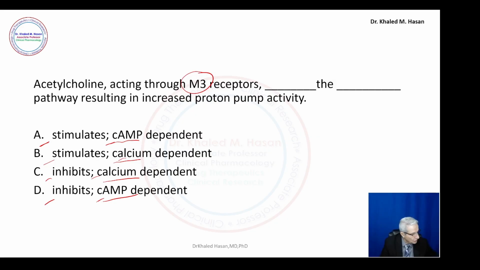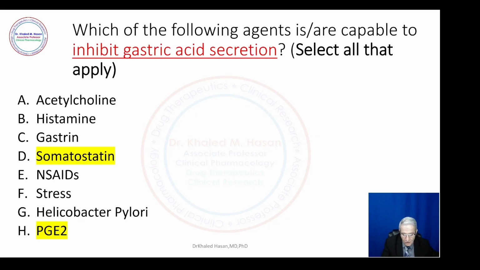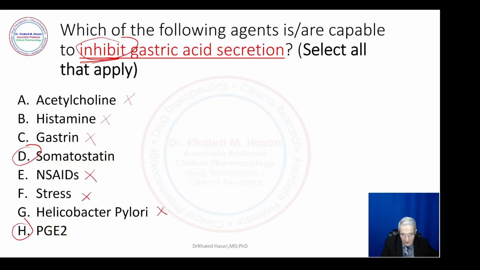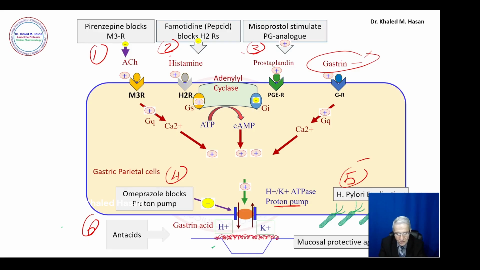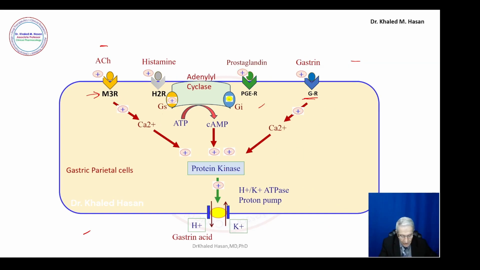This takes you back to the previous slide, only to show you what we have. Acetylcholine binds to the M3 receptor, activates the Gq protein, increases calcium, you see it here, and this leads to activation of protein kinase.